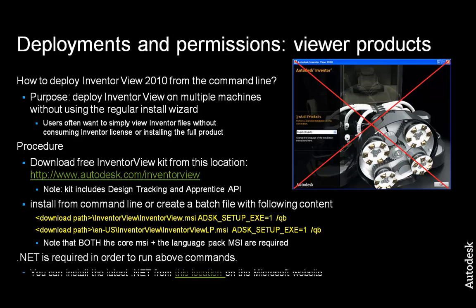We normally offer that component through our install wizard, but because the whole process here bypasses the install wizard, I think you might need to download the .NET component from the Microsoft location that I've given here as a hyperlink.